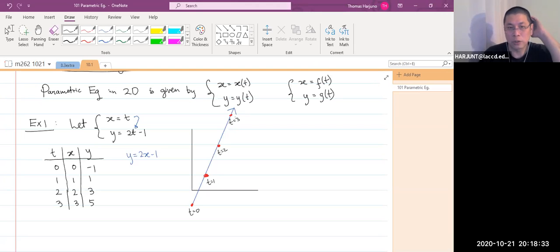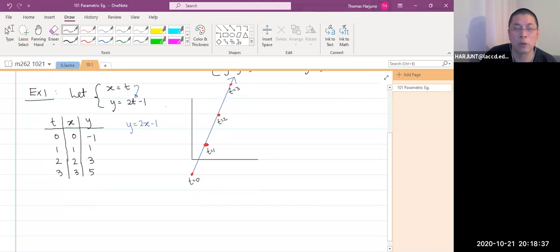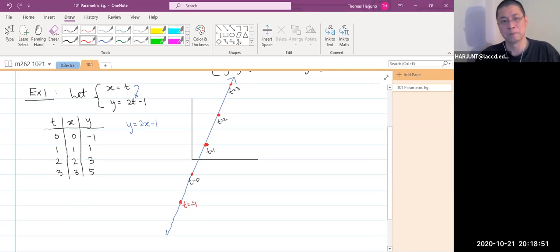Now of course we assume that the time starts from 0, but if the time starts from -1 and on, you can go to the negative region, then you go there this way, where t = -1 is here, for example. Of course, this is a very easy example. What I try to show you from this example is the following.